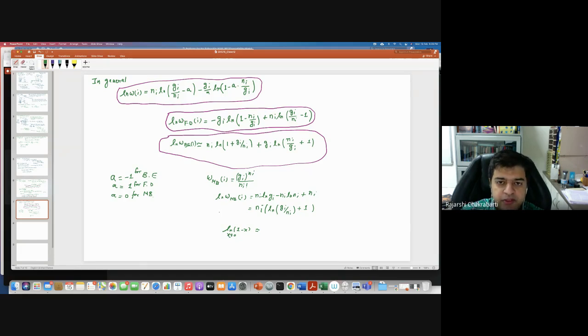ln 1 minus x, when x goes to 0, what do you get?